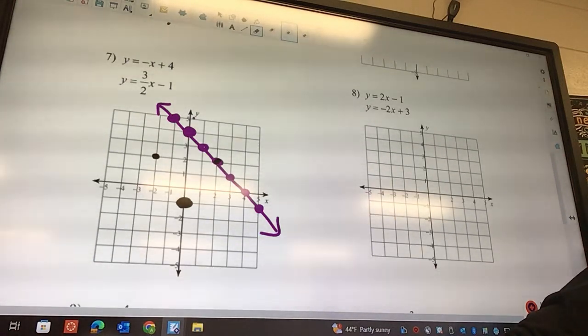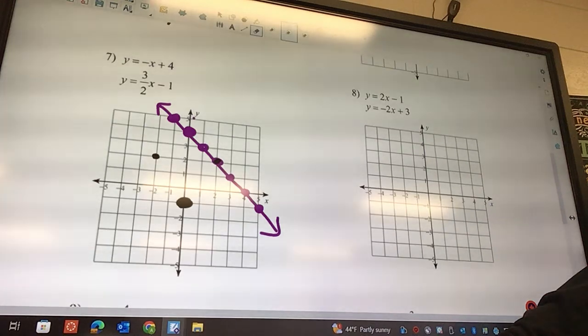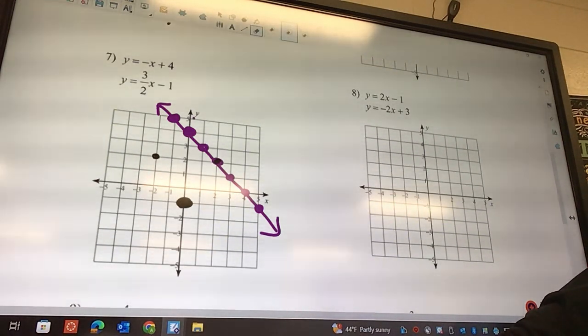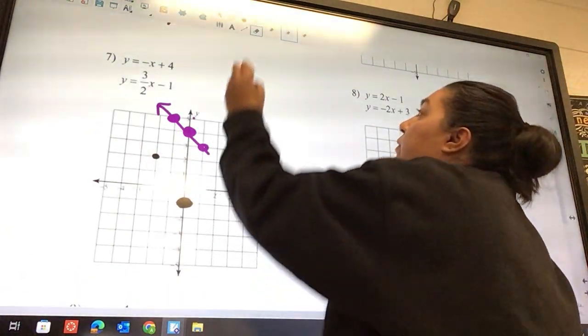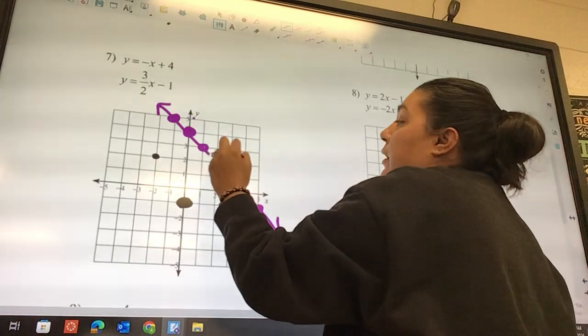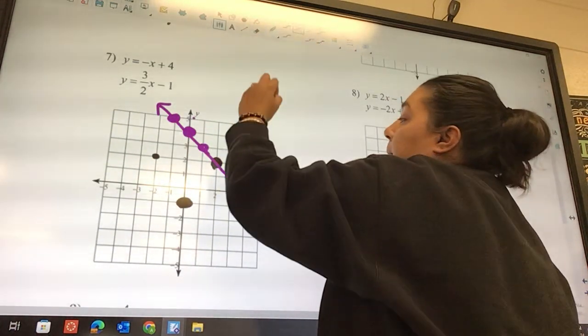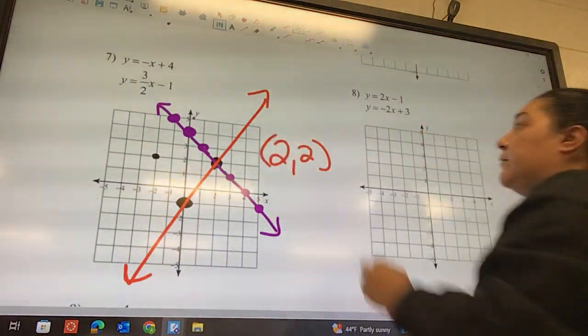Because that's the only way they're going to intersect. And as soon as you see there's a dot there, that's probably a good clue that that's the way you should go. So if you're not really sure, go with the way that the dot is, okay? So 3 over 2, dang it, I just erased again. Okay, that's going to be our intersection. And so that's at 2, 2.